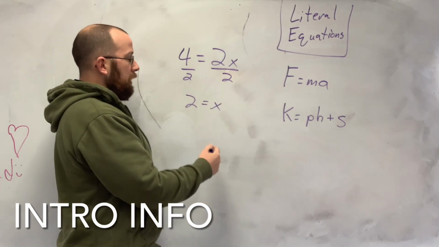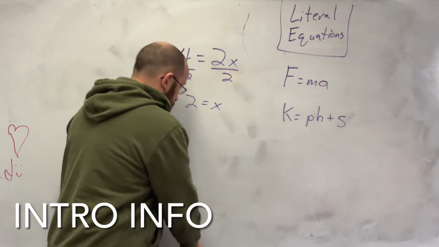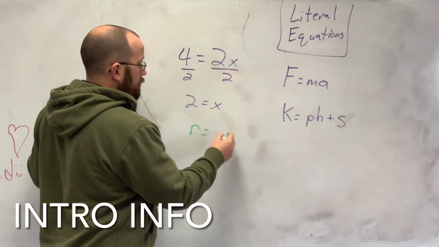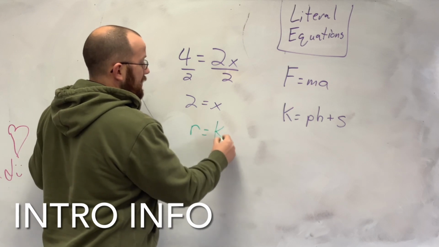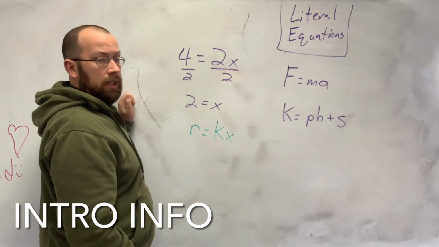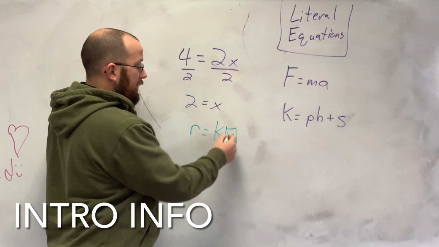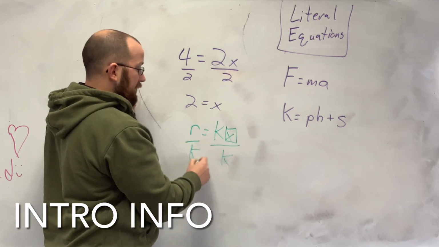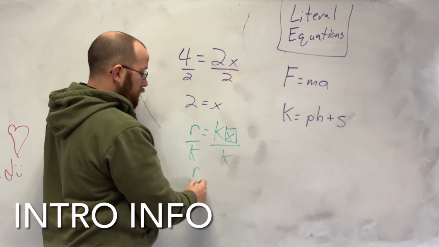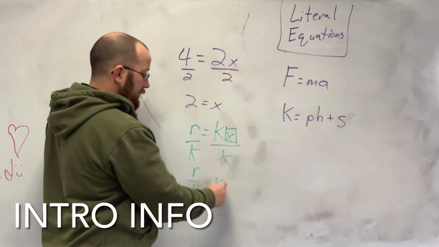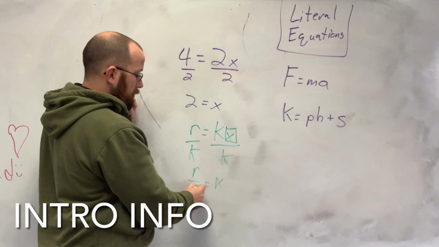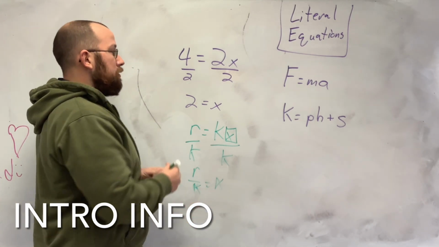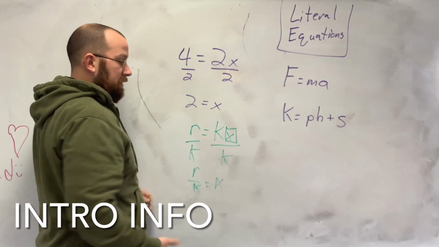Now with a literal equation, I'll switch this and make this r equals kx, and I still want to solve for x. So I have to divide by k. I'm doing the same thing. Divide by k, so then r over k equals x. You just leave it as the operation that you did. Here, you combined it. Here, you just leave it as division.